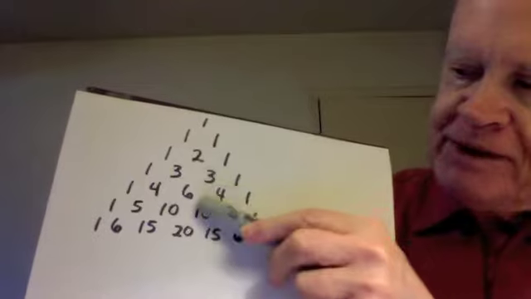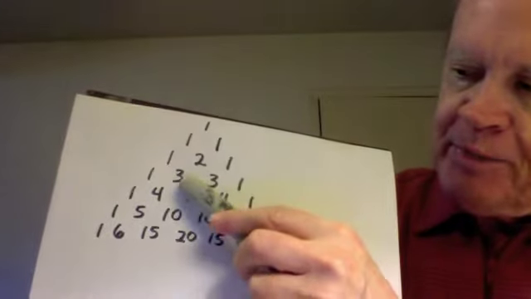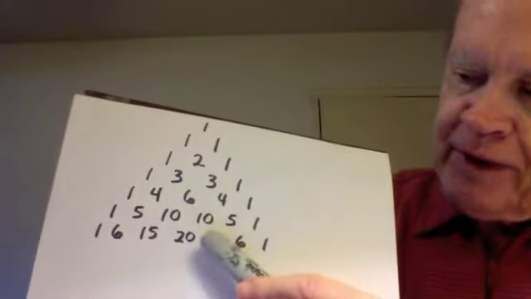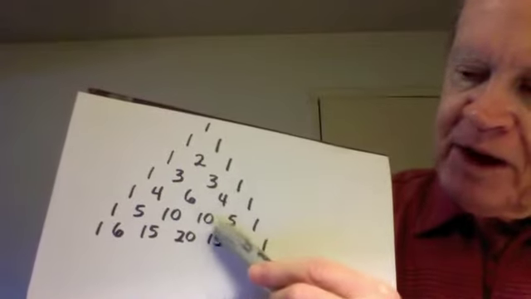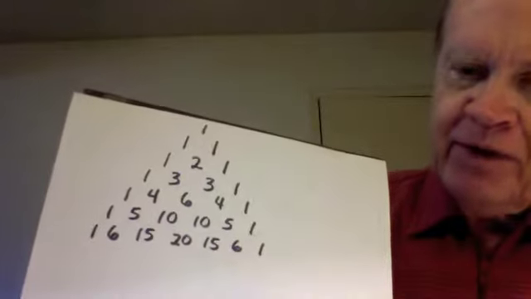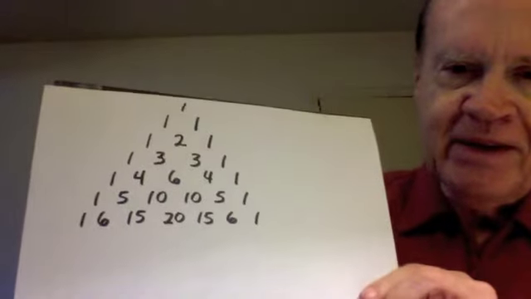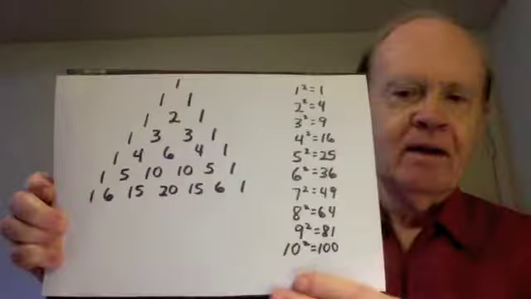For example, this 6 comes from 3 plus 3. Further down, this 15 comes from 10 plus 5, and so on. The triangle continues downward indefinitely.